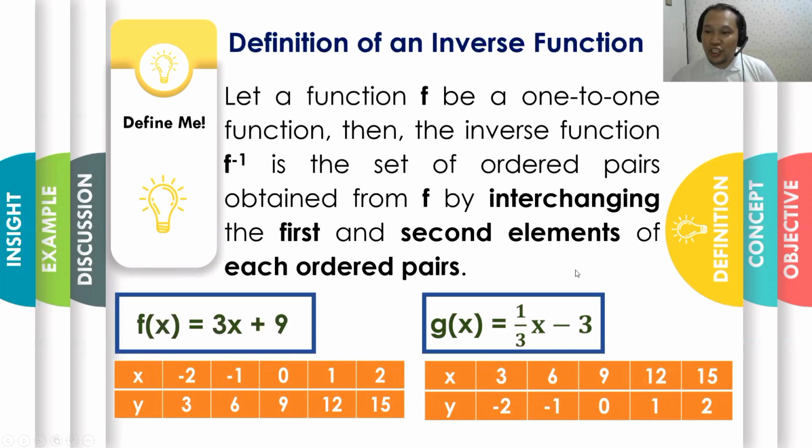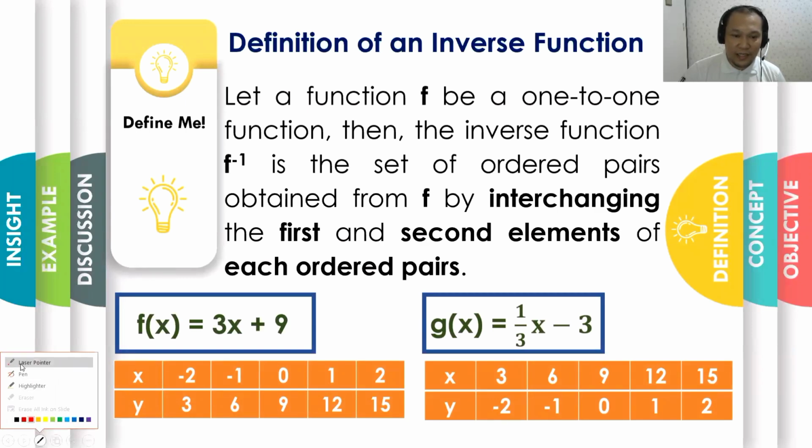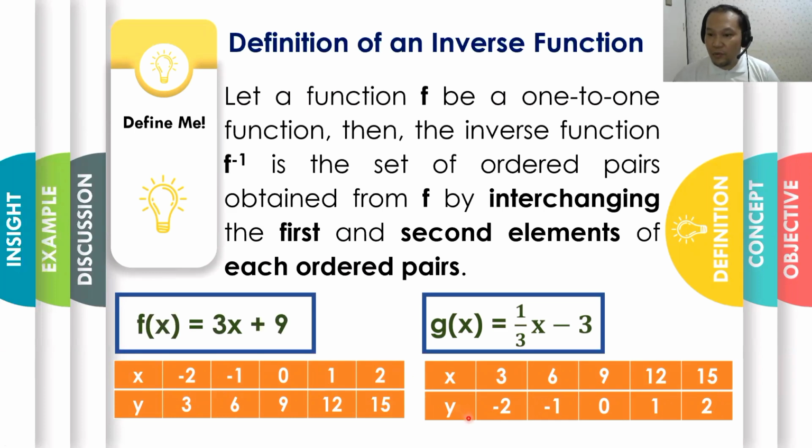When you interchange them, they become the range and domain of the inverse of a given function. That is, given f of x is equal to 3x plus 9, the x values become the values for y, and the y values become the values of x.